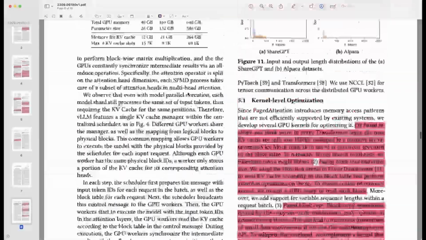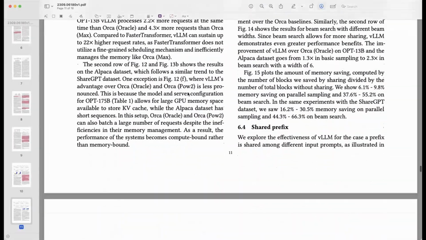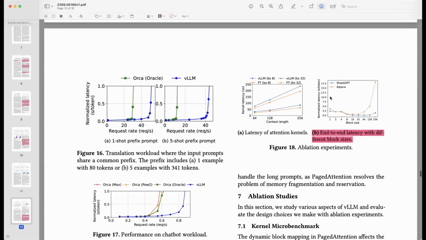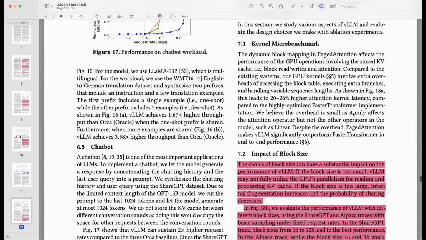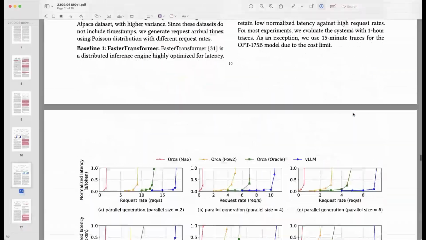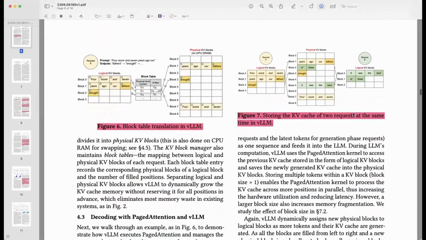They do have a few graphs at the end where they study end-to-end latency with different block sizes. As you increase the block size, the latency increases. But I haven't actually reached there, so we'll see.